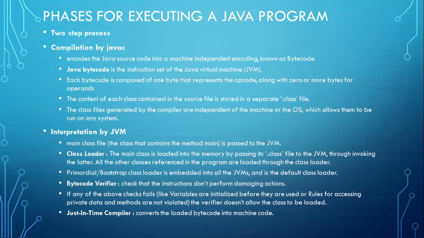Okay, I was just referring to these slides only, Kishore. So, as I mentioned, this is the first step of running a Java program, right? We have heard that Java is a platform independent language. How Java achieves platform independence is that you can compile any Java program independent of the machine or OS.